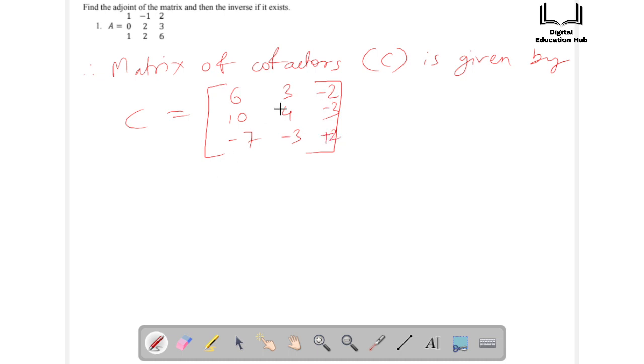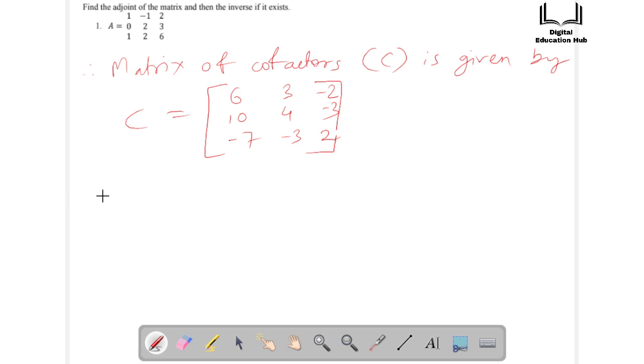So this is your value, correct? This is the matrix of cofactors. We are going to find the adjoint based on this matrix of cofactors.